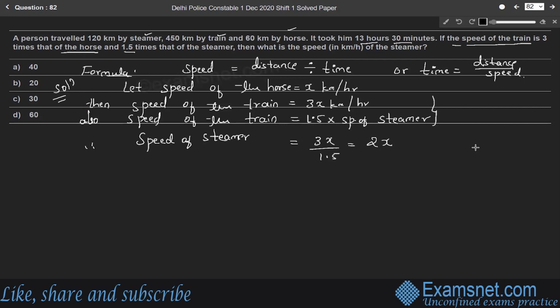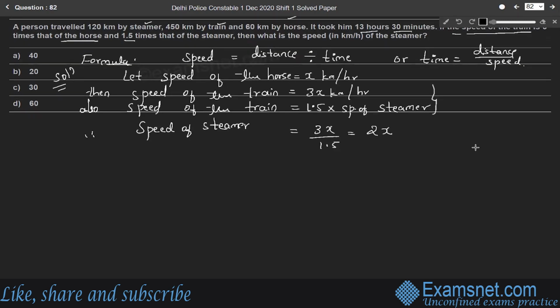So by distance and speed, let us take the time separately. The speed of the horse is x kilometer per hour and the distance is 60 kilometers. Therefore, time is 60 by x. Do you agree? In the second case, by train, the distance is 450 kilometers and the speed is 3x, so time is 450 by 3x.